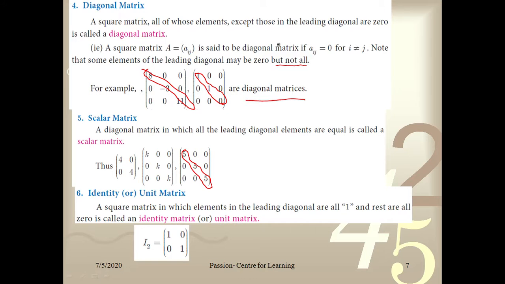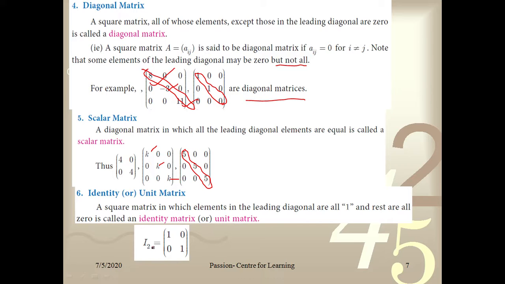You can see here the values are different, whereas here the values are the same. If the values are different, that is your diagonal matrix. If the values are the same, it is said to be a scalar matrix.